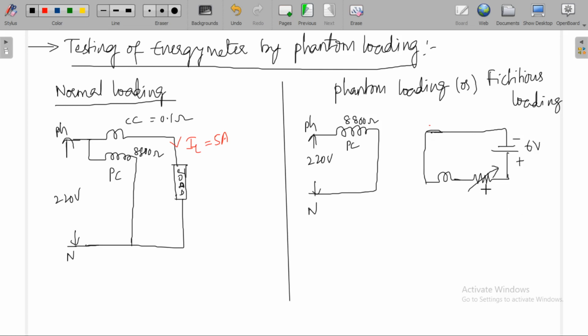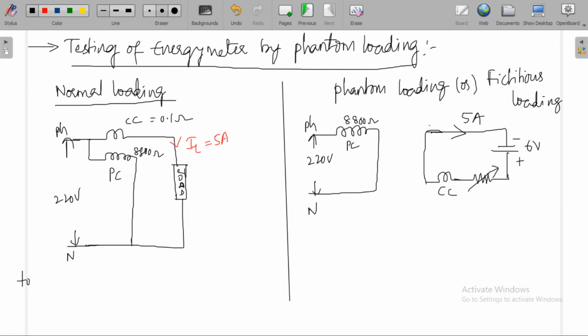To pass the desired load current of 5 amps, we use a variable resistor in series with this current coil. So now 5 amps is flowing in this current coil circuit.